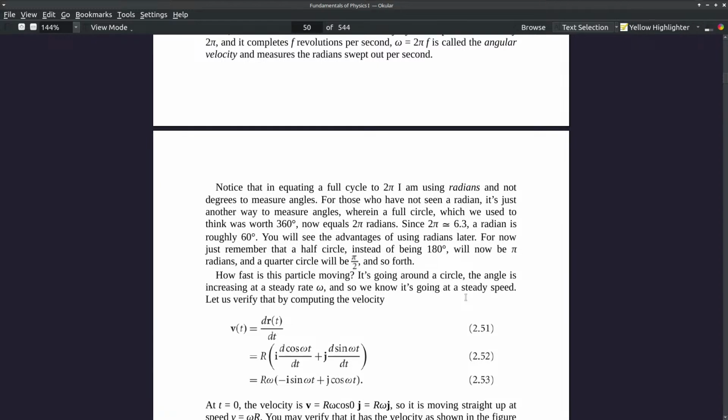How fast is this particle moving? It's going around a circle. The angle is increasing at a steady rate omega, and so we know it's going at a steady speed.